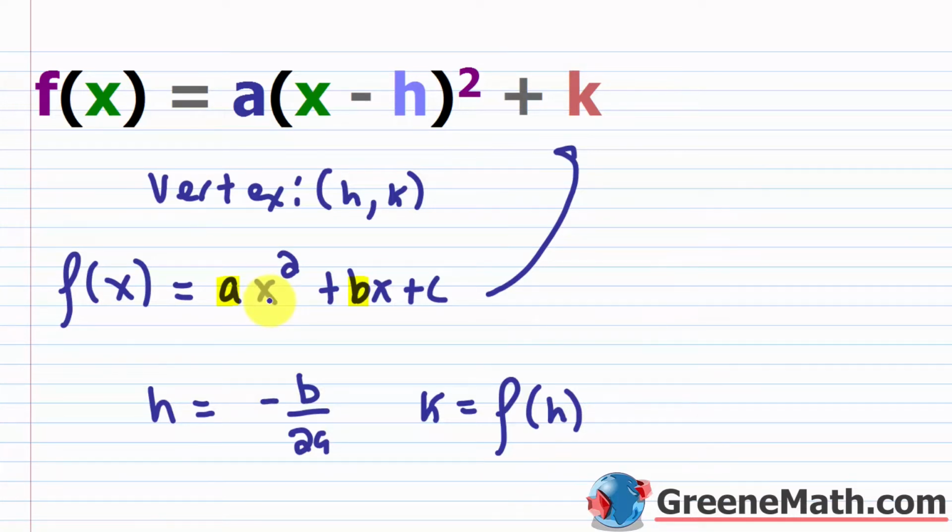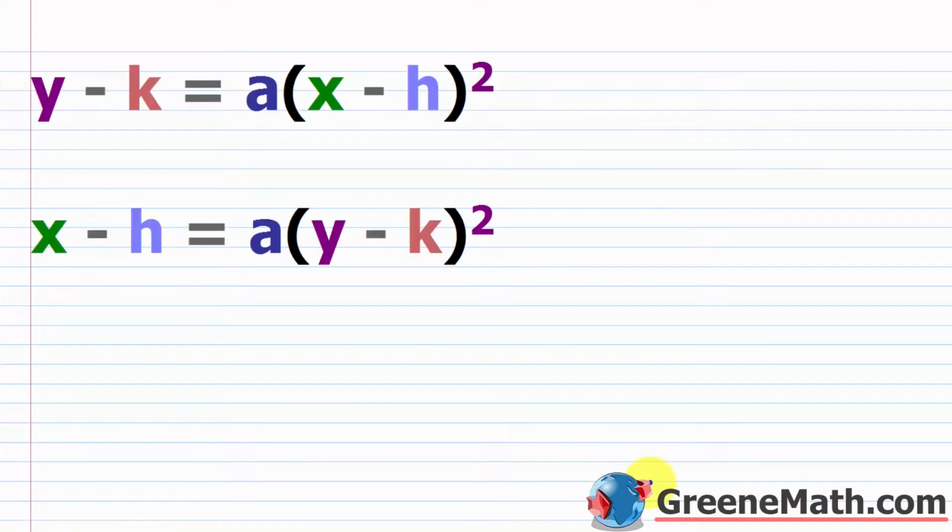Now, what I want to do is talk a little bit about going into this horizontal parabola, or the sideways parabola. So all I did here for this top one is I wrote y instead of f of x, and I subtracted k away from each side of the equation. For this one, this is the sideways parabola, and I want to just show you that the roles of x minus h and y minus k have kind of been swapped.